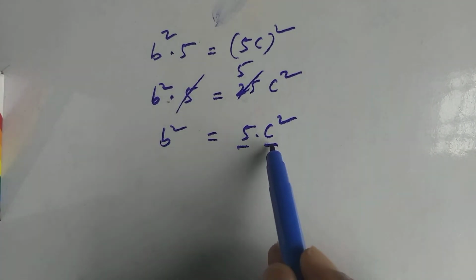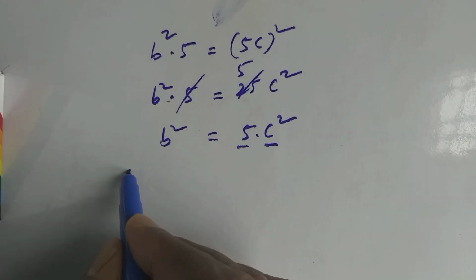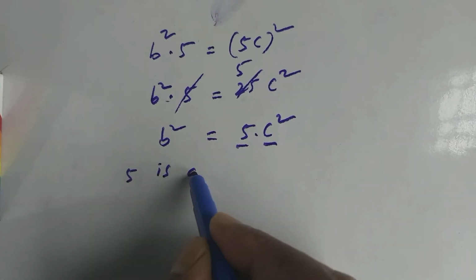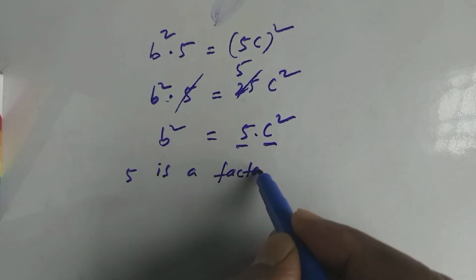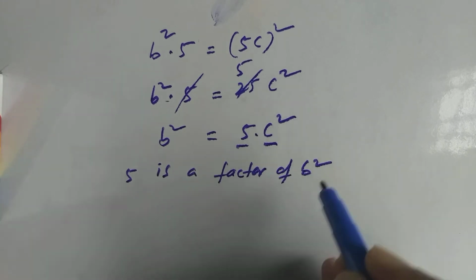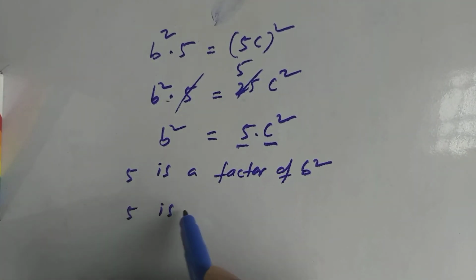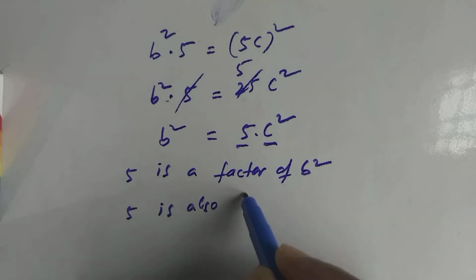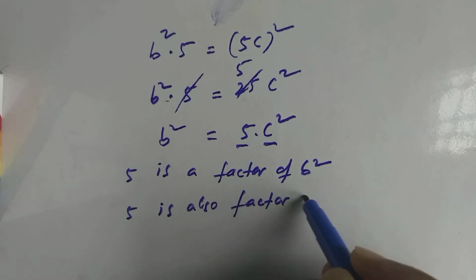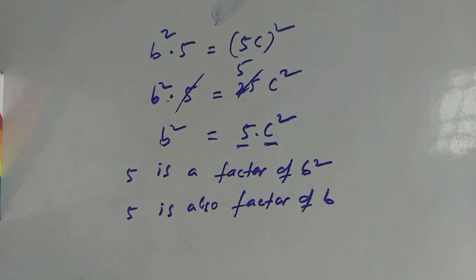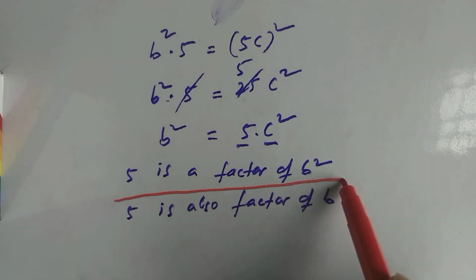So 5 is a factor, c square is a factor. Now 5 is a factor of b square. If 5 is a factor of b square, 5 is also a factor of b. So it is important. 5 is a factor of b.